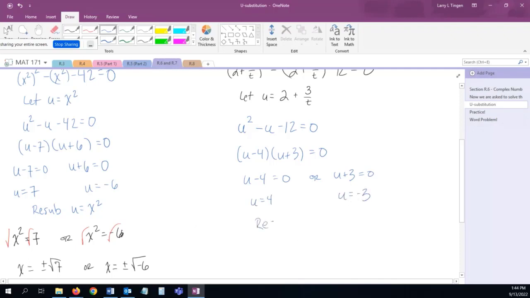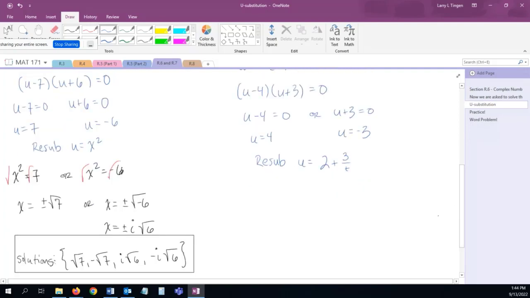And then you have to do what we did before. This question was not originally asked about u's, it was asked about t's. So I need to resubstitute u is equal to 2 plus 3 over t. This is going to involve a little bit more work than the previous one to get a final solution, but that's okay.